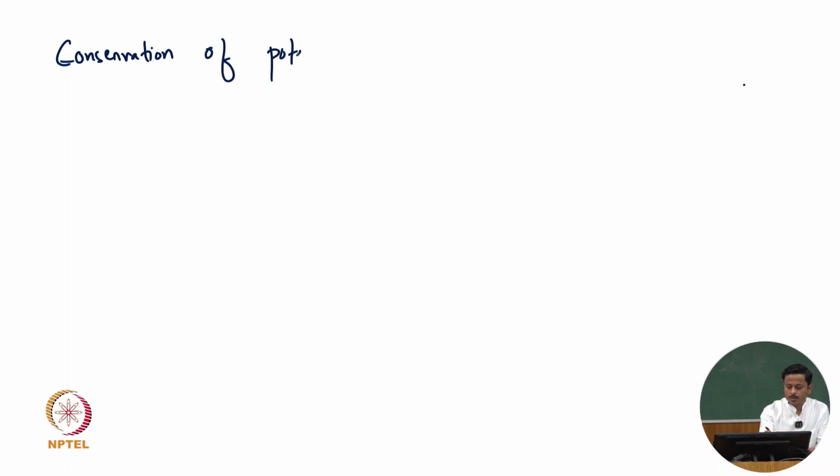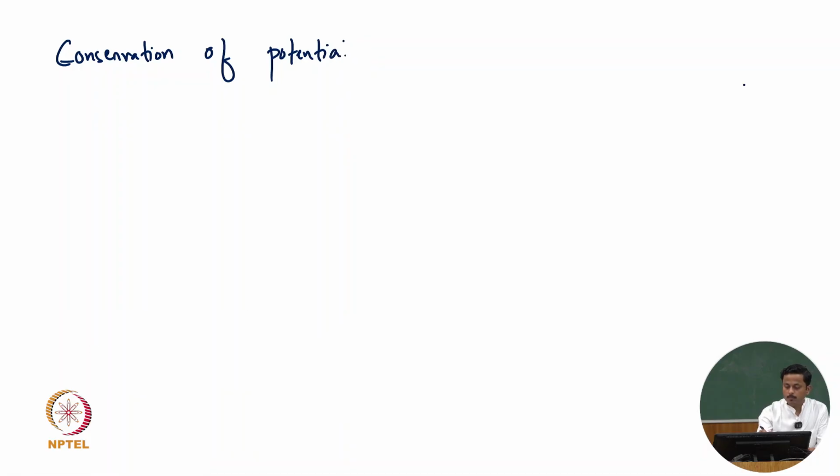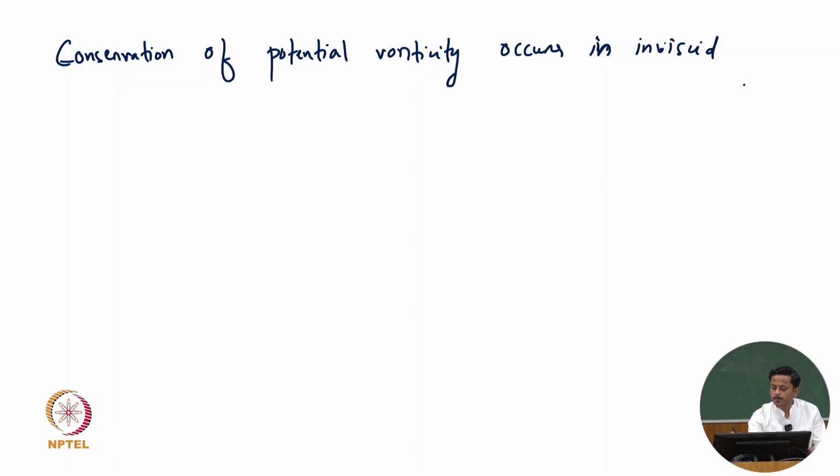Conservation of potential vorticity occurs in inviscid adiabatic, or isentropic, systems.